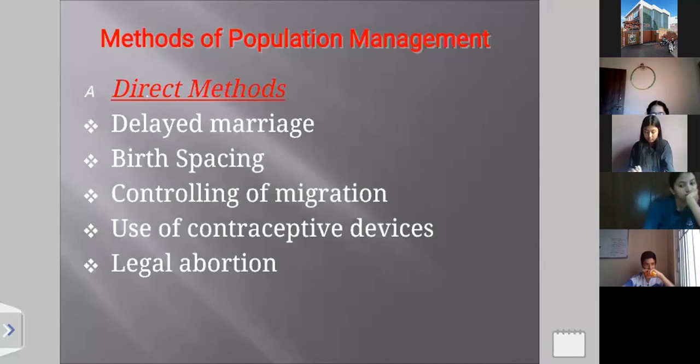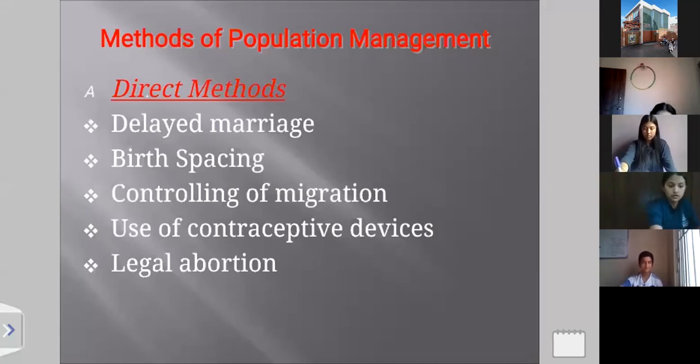That's why, to make a gap, birth spacing. So my dear students, contraceptive devices are used by couples, husband and wife, to make a gap as birth spacing for certain years, for 4 years, 5 years, 10 years. It depends upon the couples, and for that couples use different contraceptive devices like femidom, condoms, Depo-Provera injection.